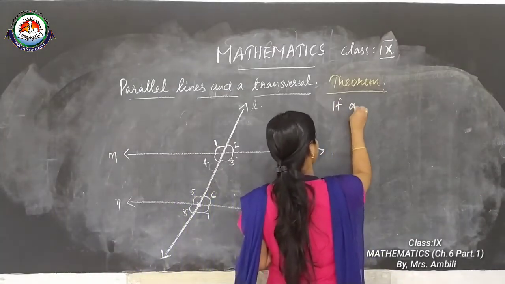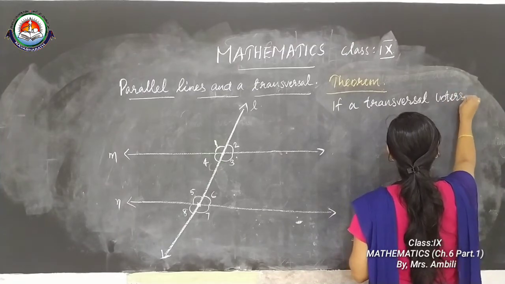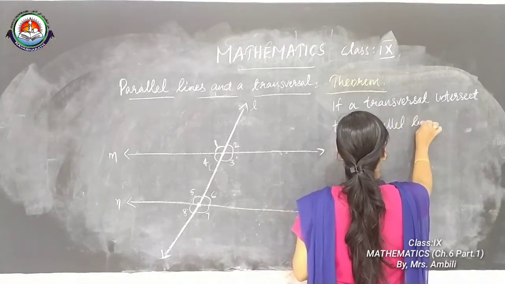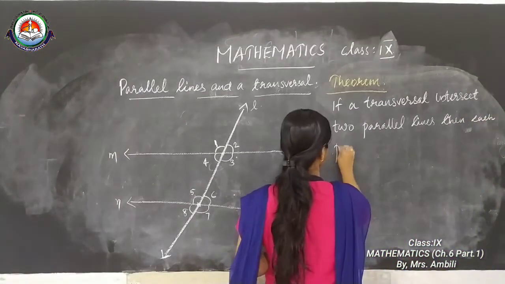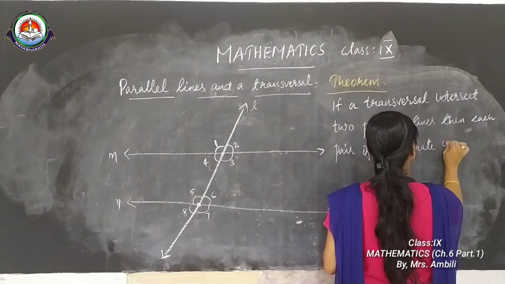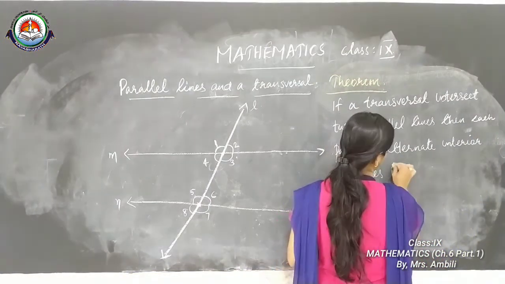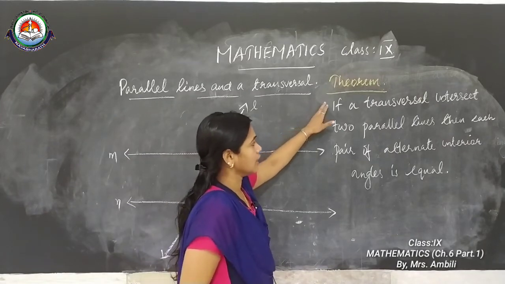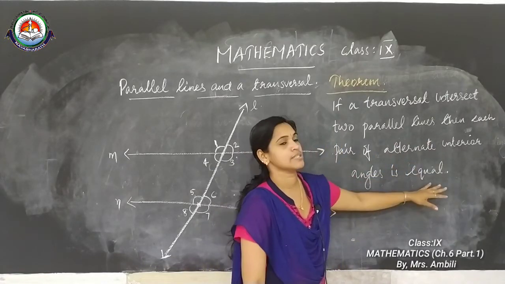Okay, that is, if a transversal intersects two parallel lines, then each pair of alternate interior angles is equal. What is our theorem? If a transversal intersects two parallel lines, then each pair of alternate interior angles is equal.